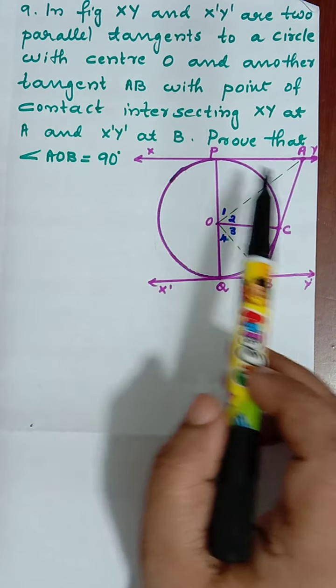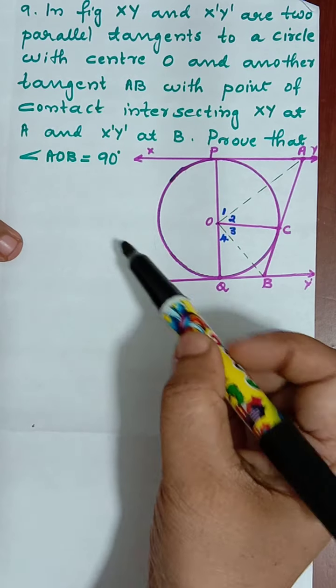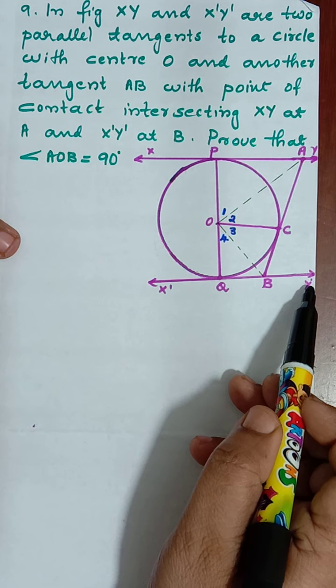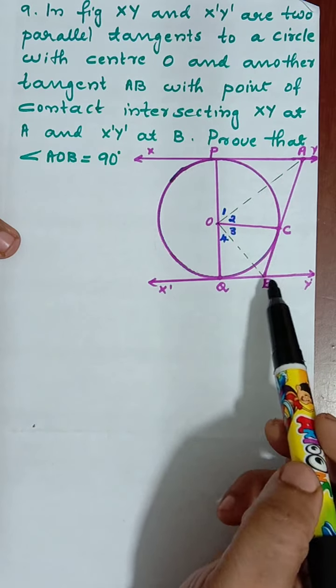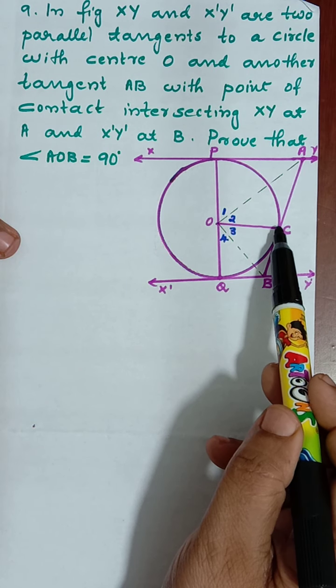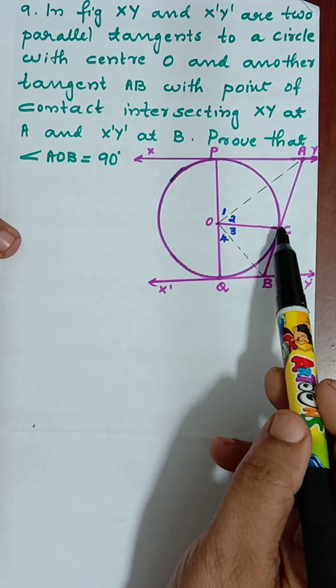These are the clues given to us. XY is a tangent. You can see X dash Y dash is also a tangent. Here another tangent AB touches the circle at the point of contact C.